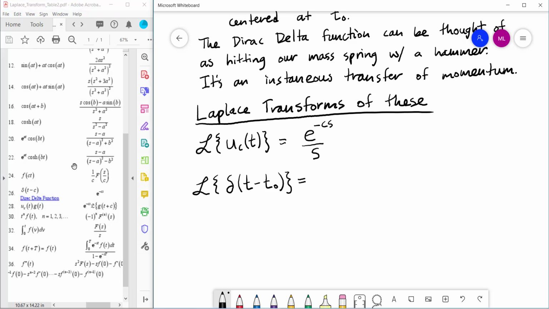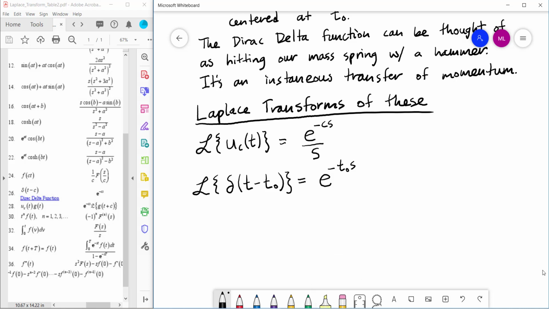It gives us something actually quite similar. It gives us e to the negative, in this case, t naught s. So you can call it t0, you could call it c. You can pick which one makes more sense to you, whether to keep the notation similar to the table or to what our book uses.